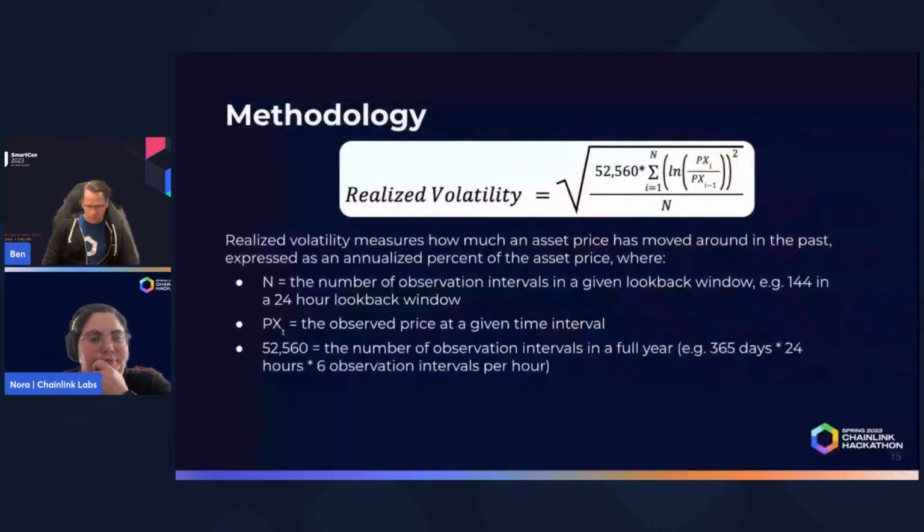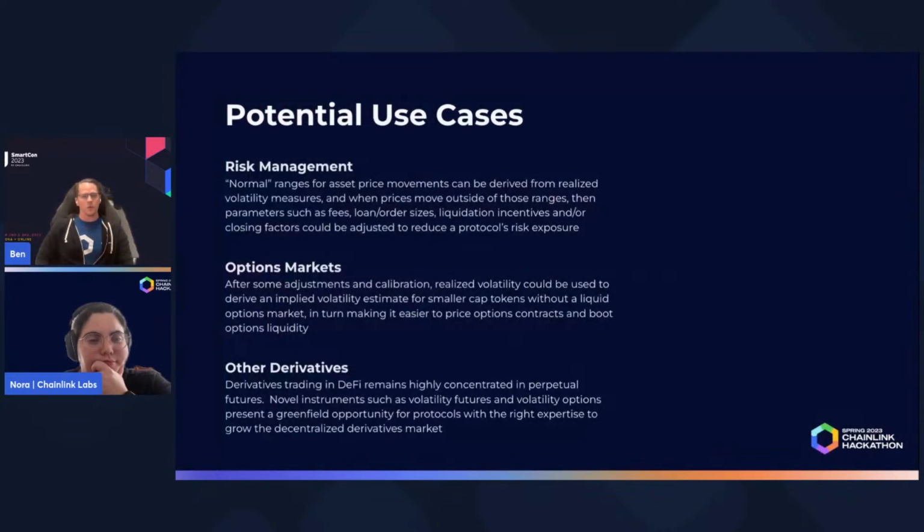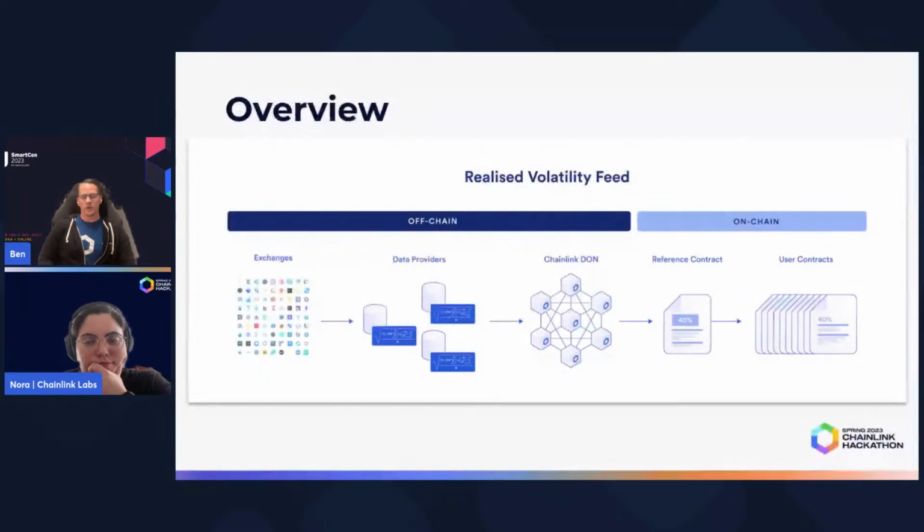So for realized volatility, we're working with the same high quality, reputable data providers that power our asset price feeds today. Those data providers are using off-chain computation to estimate realized volatility over 3 different rolling windows of time: the last 24 hours, the last 7 days, and the last 30 days.